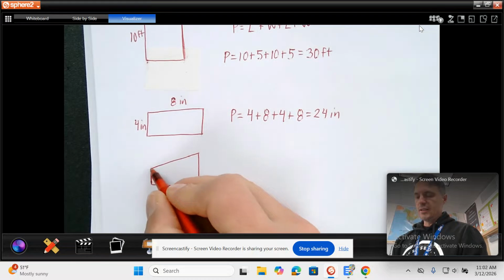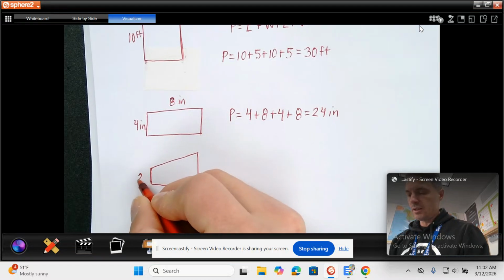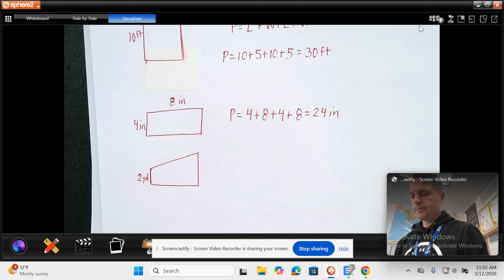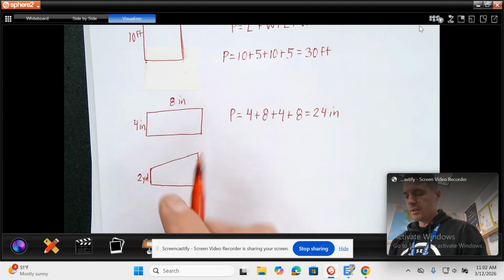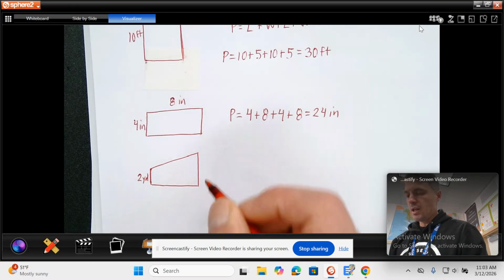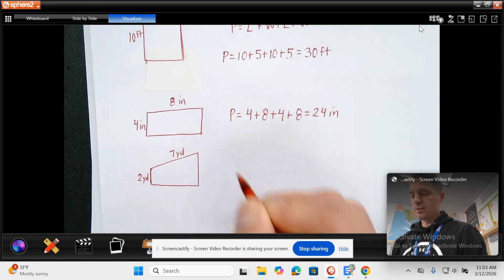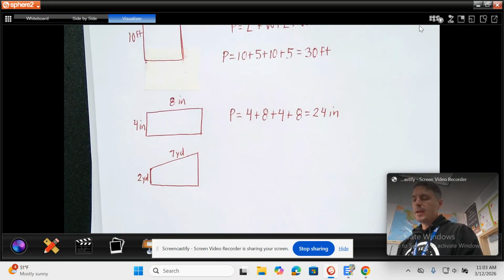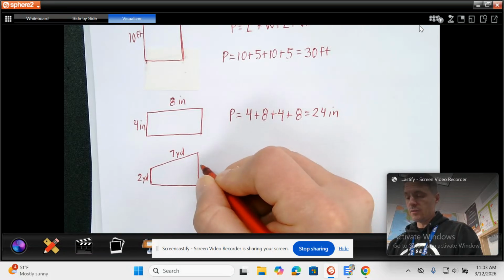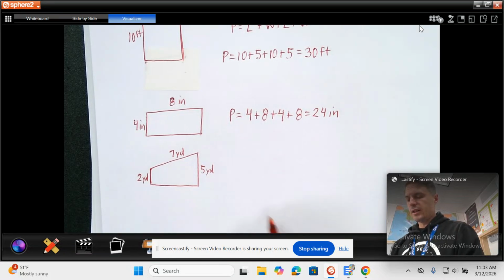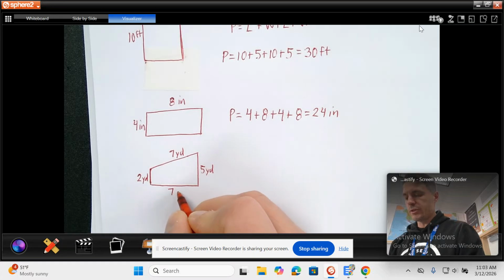And let's say that the distance from here to here is 2 yards. And let's say the distance from here to here, let's see how far that would maybe be, 2, 4, 6. Let's say it's 7 yards, just kind of eyeballed that. And let's say the distance from here to here is 5 yards. And let's say the distance from here to here is also 7 yards.